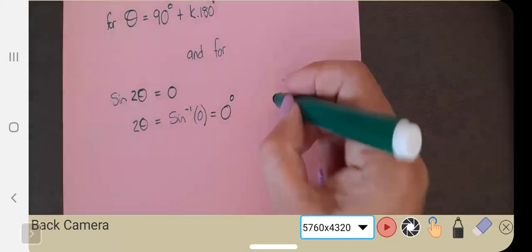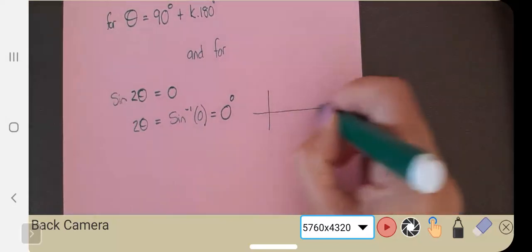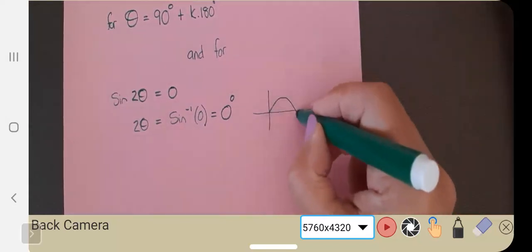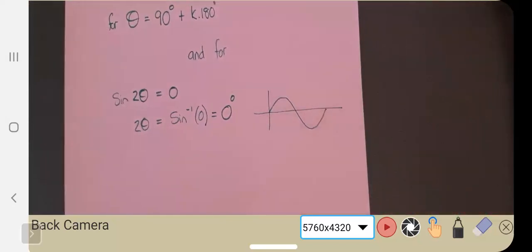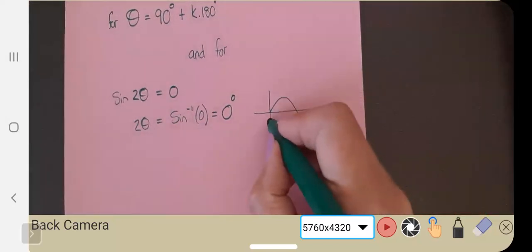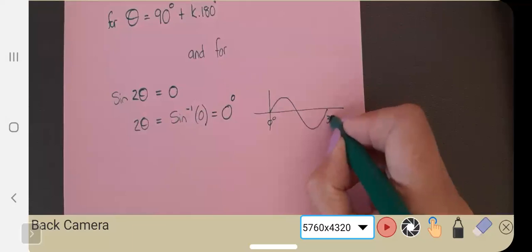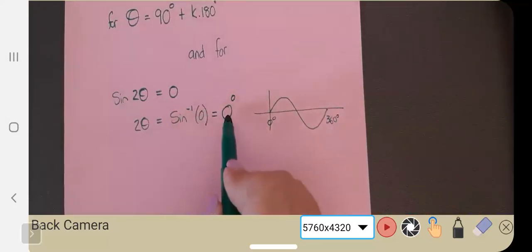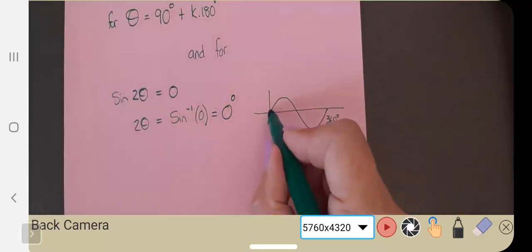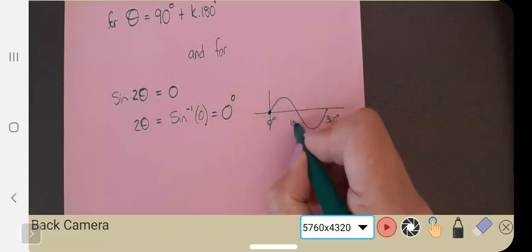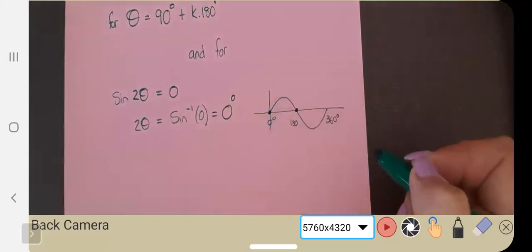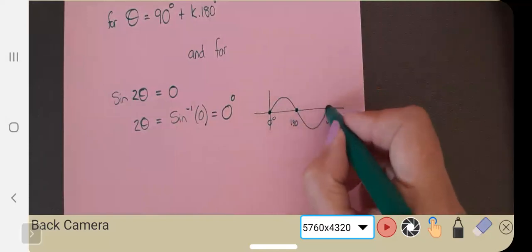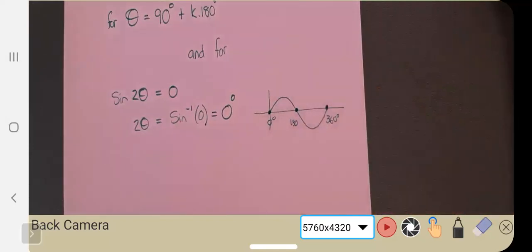But if you look at the sine graph, this is 0 and that is 360. Where is sine 0? It's 0 at 0, and 180 degrees further at 180, and 180 degrees further at 360.